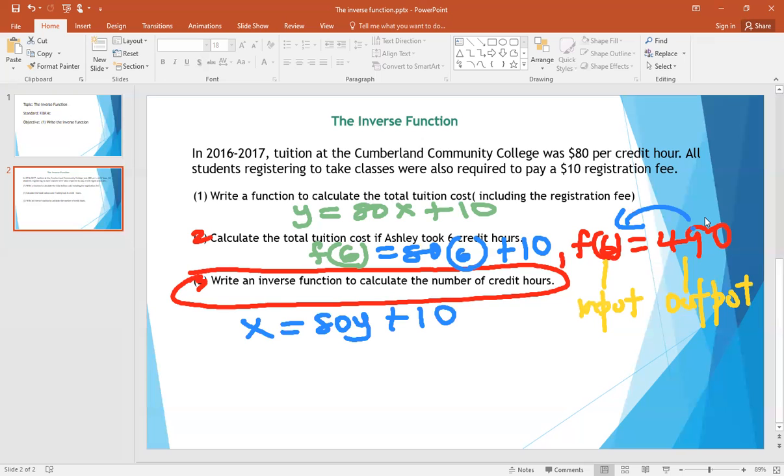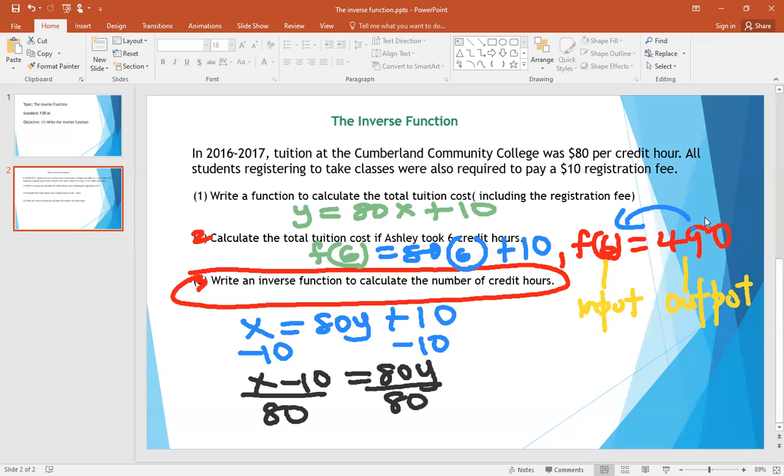Then we're going to solve for y because we normally write a function in terms of y. So we're going to minus 10, minus 10. Let me change my color. So it's going to be x minus 10 equals 80y. And then I'm going to solve for y. Divide by 80, divide by 80.